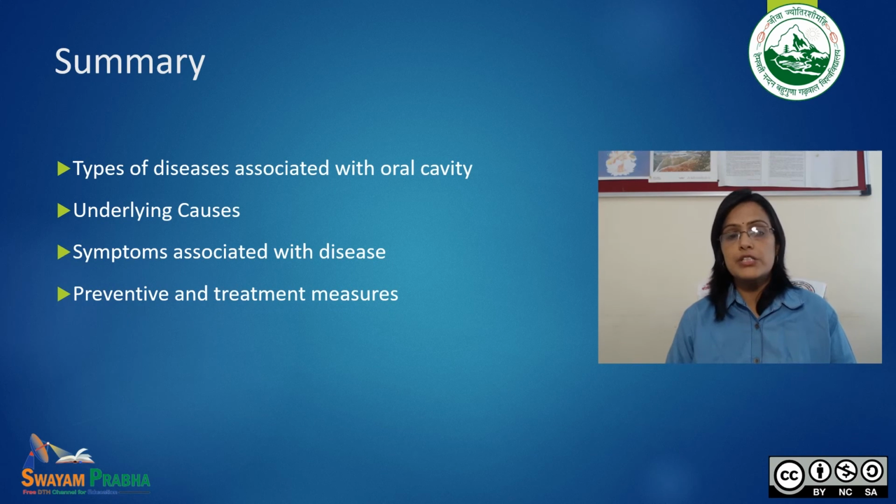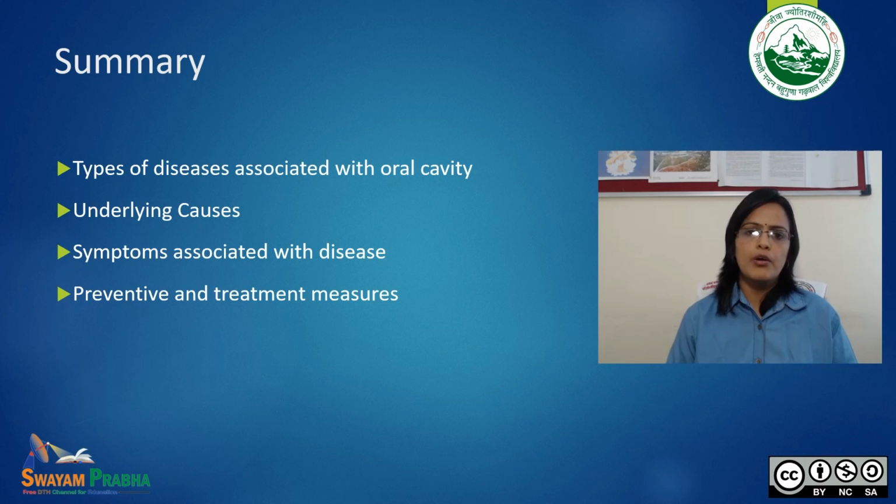There are 2 main parts in the oral cavity: oral vestibule and oral cavity proper. We also discussed the different types of teeth, incisors, canines, premolars and molars, and their functions.